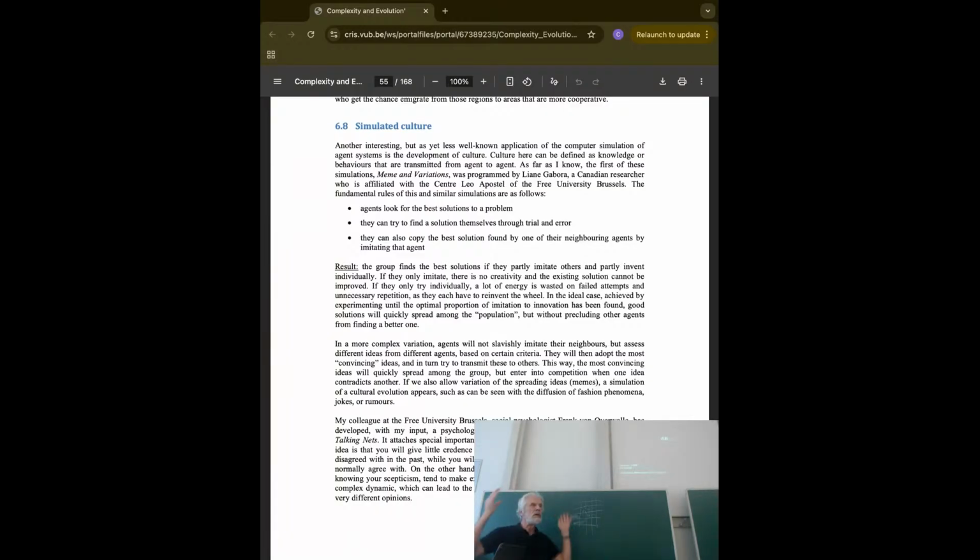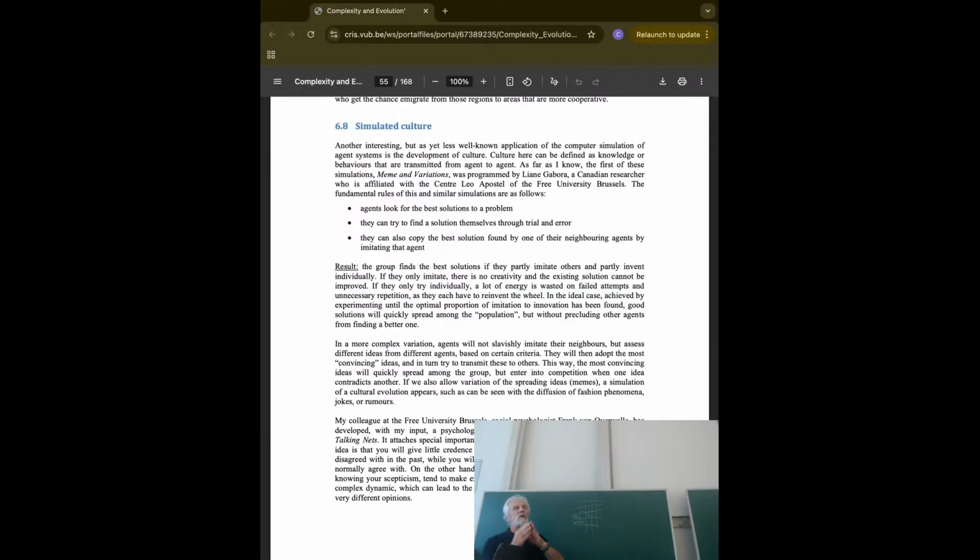ideologies, maybe even religions that are built up from bits and pieces coming from different agents, but that then are communicated with others, and you can have all kinds of rules like these types of beliefs will propagate most easily. For example, you would assume that simple beliefs propagate more easily than complicated ones.